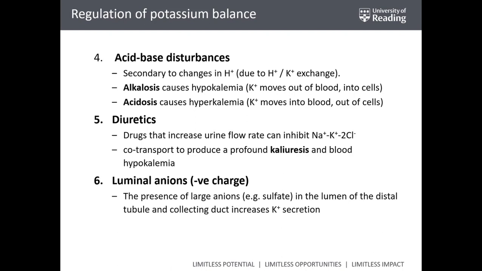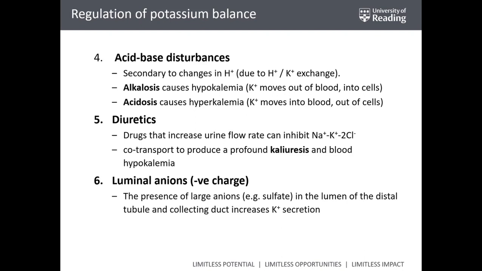So the co-transport of sodium-potassium-chloride is inhibited to produce profound kaliuresis and blood hypokalemia. Also negative charges in the lumen, so the presence of large anions, for example sulfate, I don't know, the ingestion of weird food.